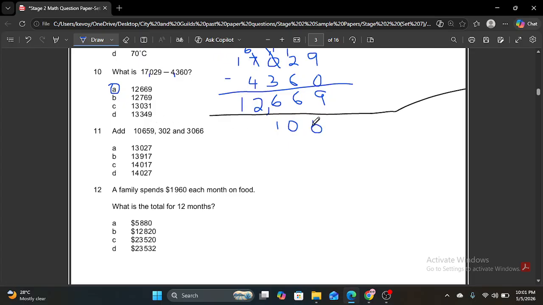So 10,659. Let's go closer. So 10,659, and let's put the second larger number right there.